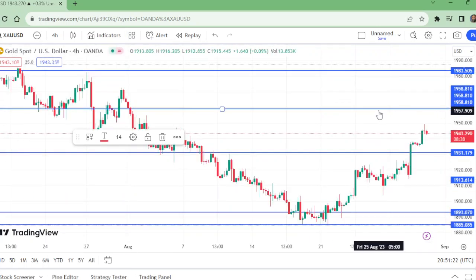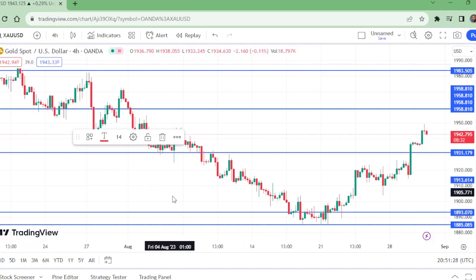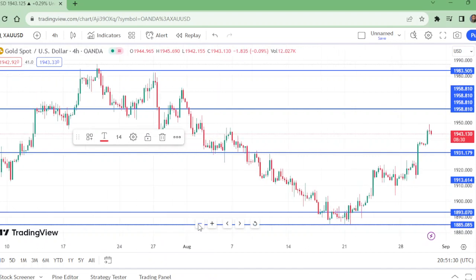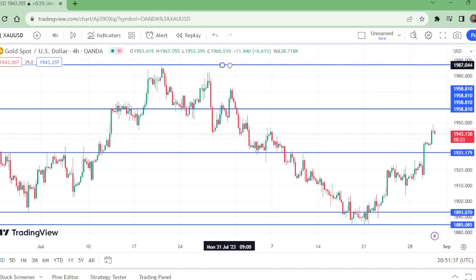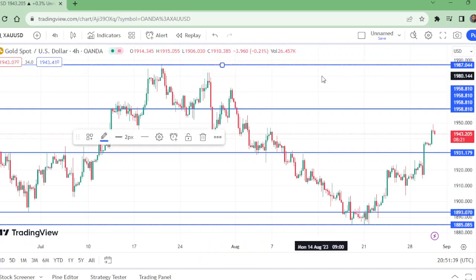So this is the market we need to sell from, and the stop loss should be above 1983, 84, even up to 86. This is a zone. Now let me adjust this one here. This is 1987 and 1950, 58.